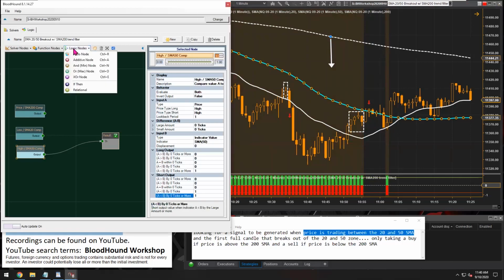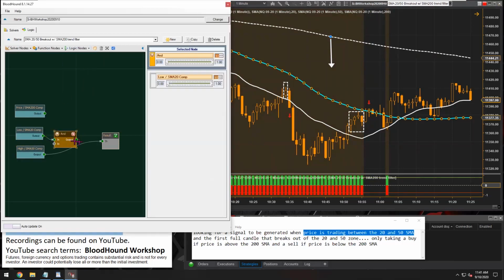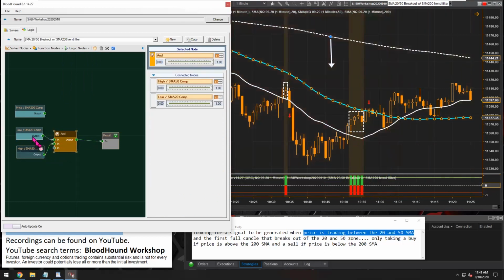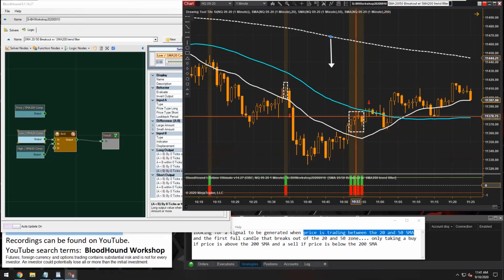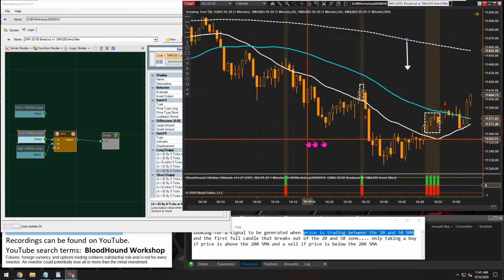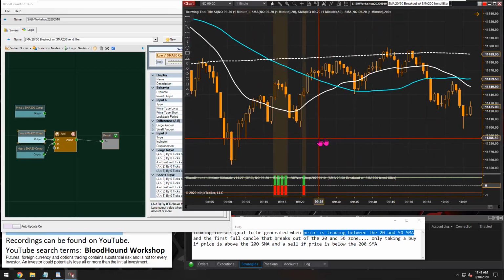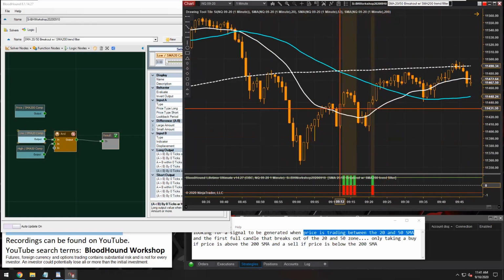And so now, with an AND node, when I combine these two conditions together, there we go. I've identified all the bars in between the two moving averages. Now this is when the 20 is below the 50. So if we go back here, yeah, 20 is below the 50.